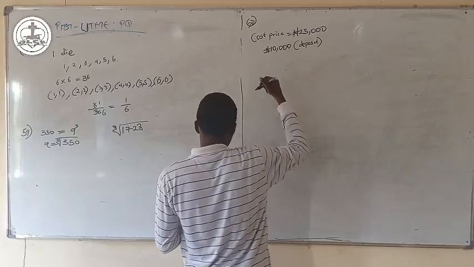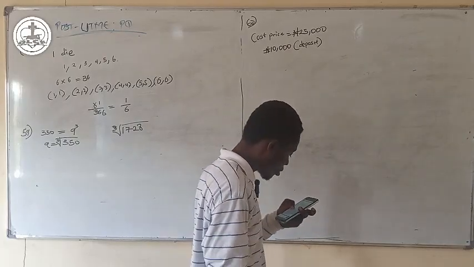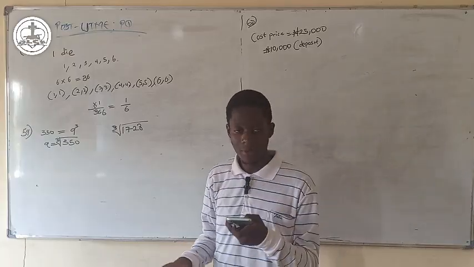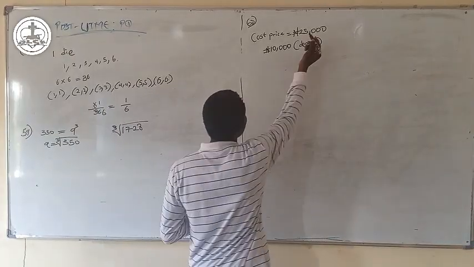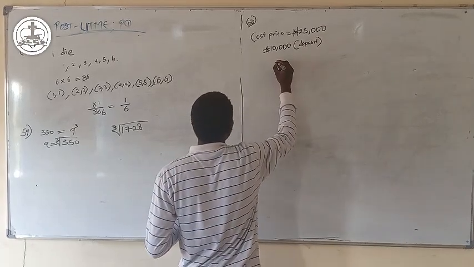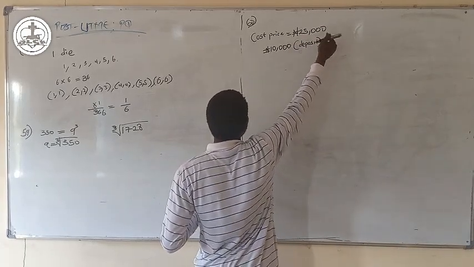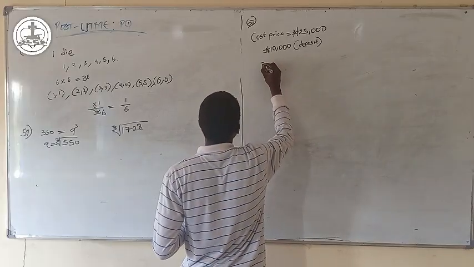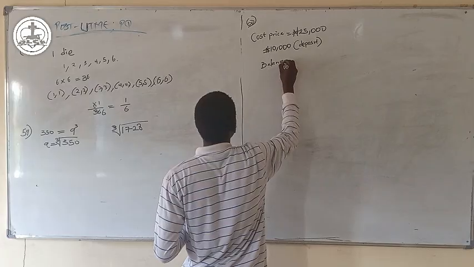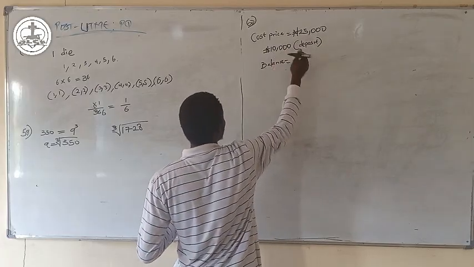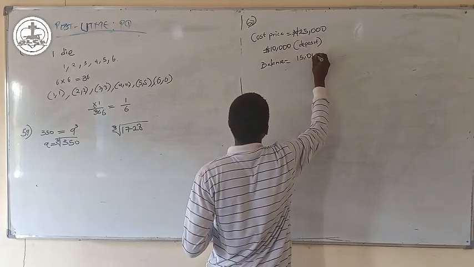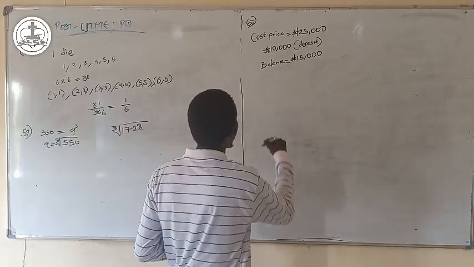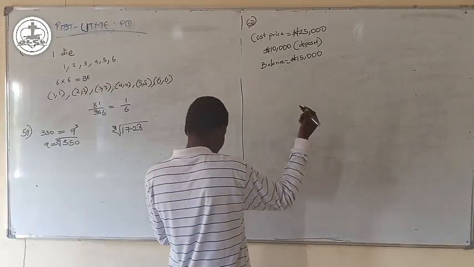Then the question is, if he is to pay the balance in 8 equal instalmental payments, what is the balance to pay? He bought for 25,000 and paid a deposit of 10,000, so definitely the balance will be 25,000 minus 10,000, which is 15,000. If he is to pay this balance in 8 equal instalments, how much will he be paying per month?